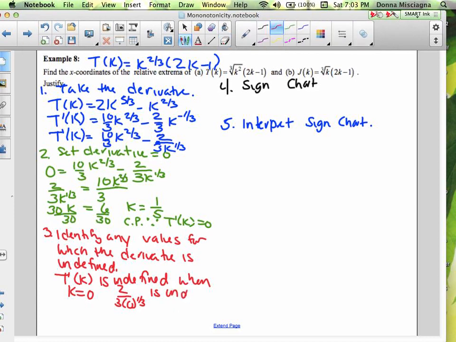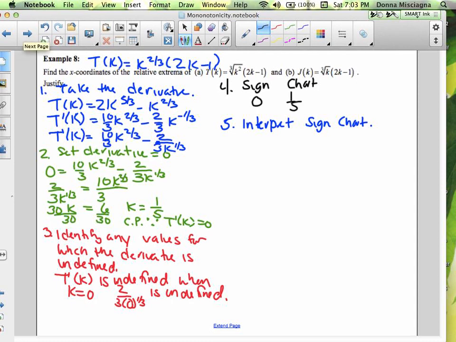So always make sure you double check that you don't have any places where your derivative is not defined. So 0 is a problem. You can't put that in that part of our derivative. So we have 2 critical points, one of them being 0 and the other one being 1/5.